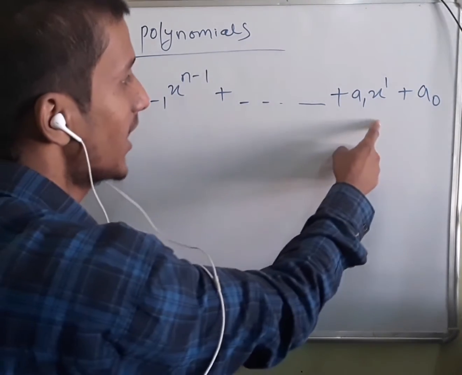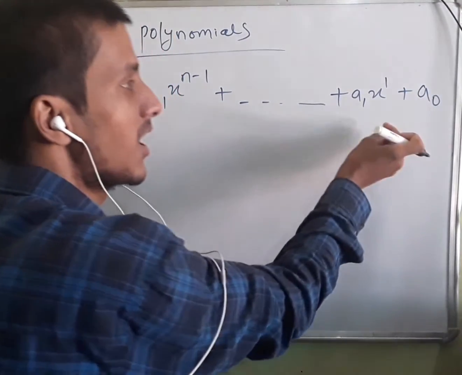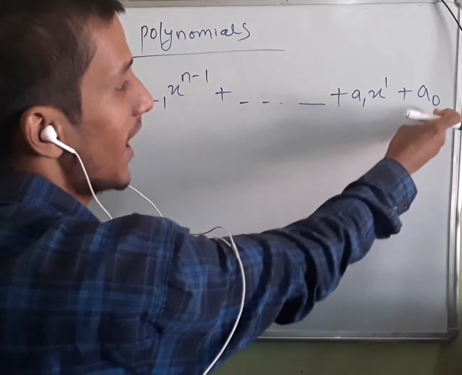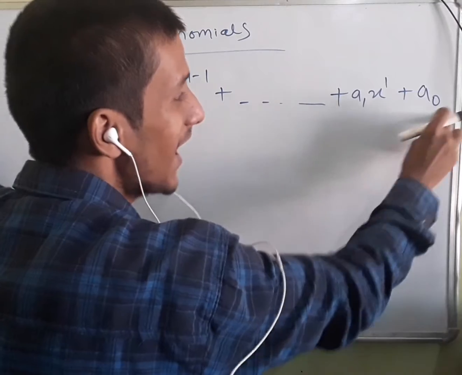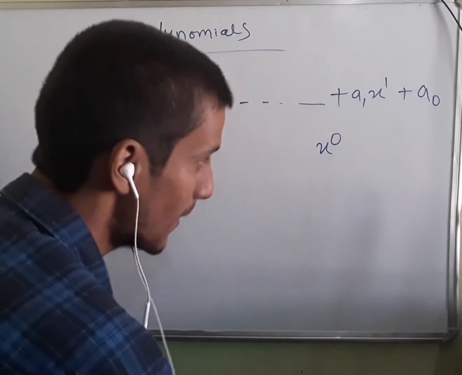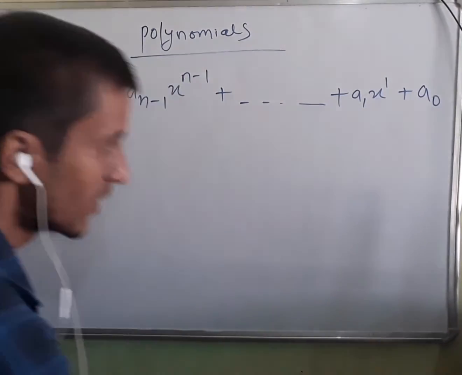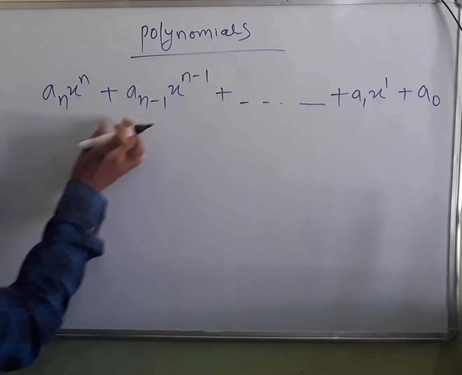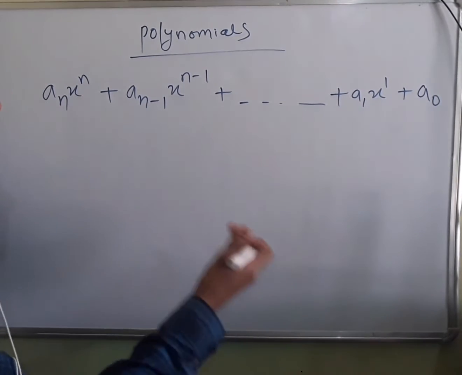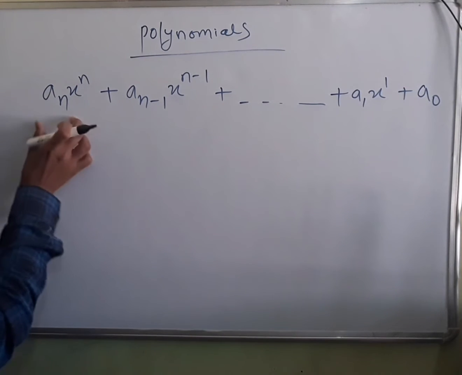After decreasing, we come to where the exponent of the variable becomes 1, and we also come to the end, when the exponent becomes 0 and it becomes just a number. You can see the exponent is decreasing. Is it decreasing at the constant? No. We write subscripts just to differentiate between the coefficients. This indicates a constant.